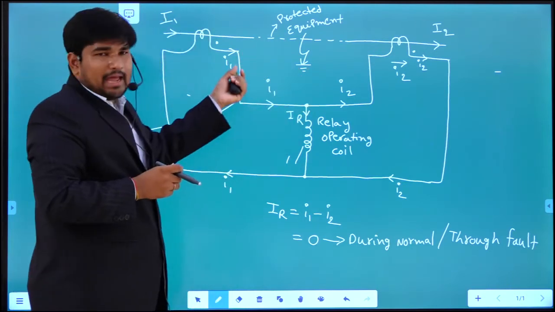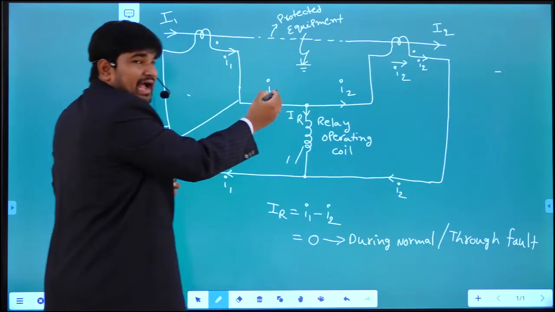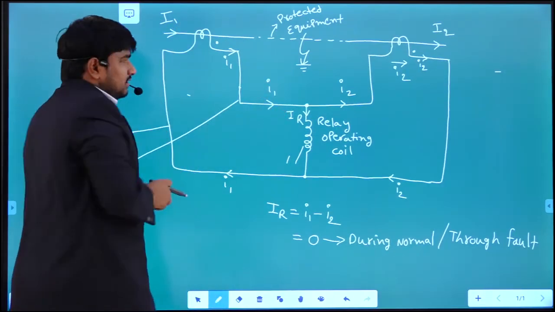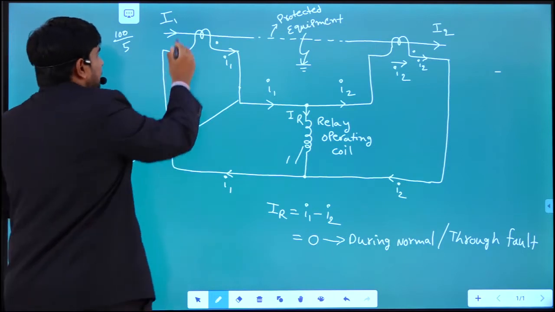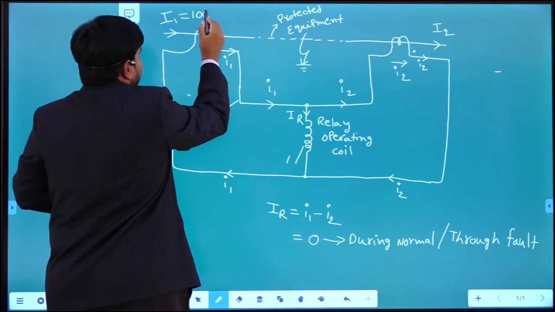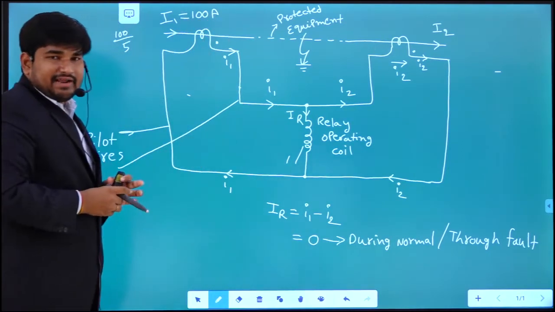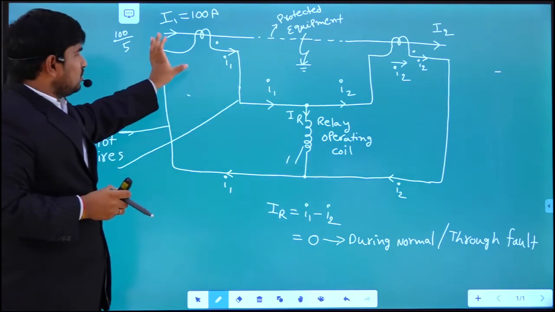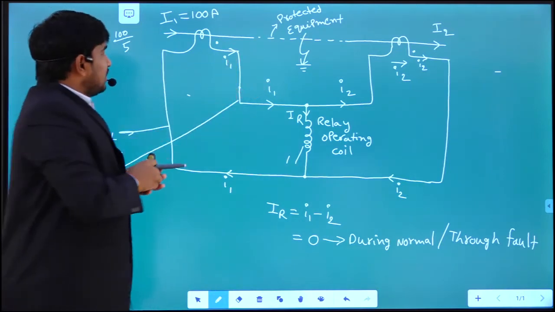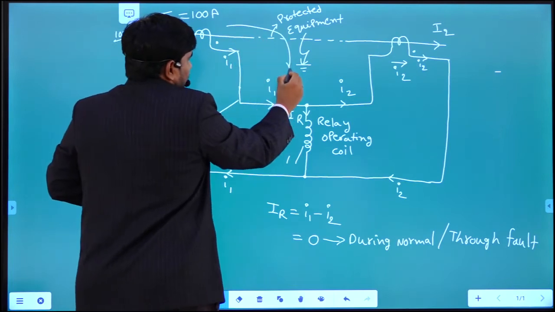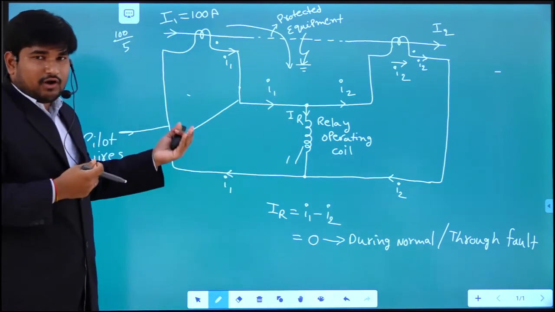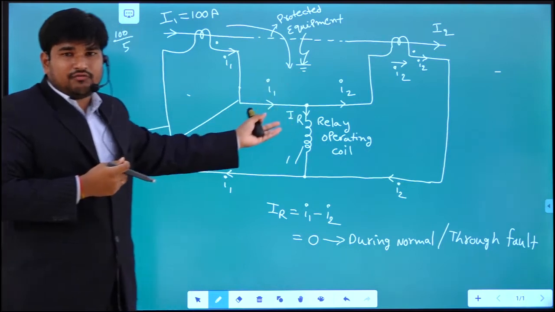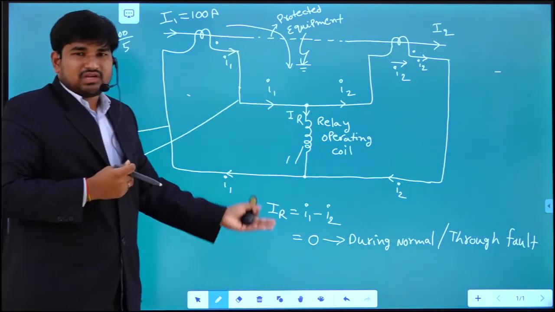Now for this, because of this fault, I1 will increase. For example, let us take 100 amperes. This current will flow through the fault. For example, if it is a line to ground fault, it flows to ground.